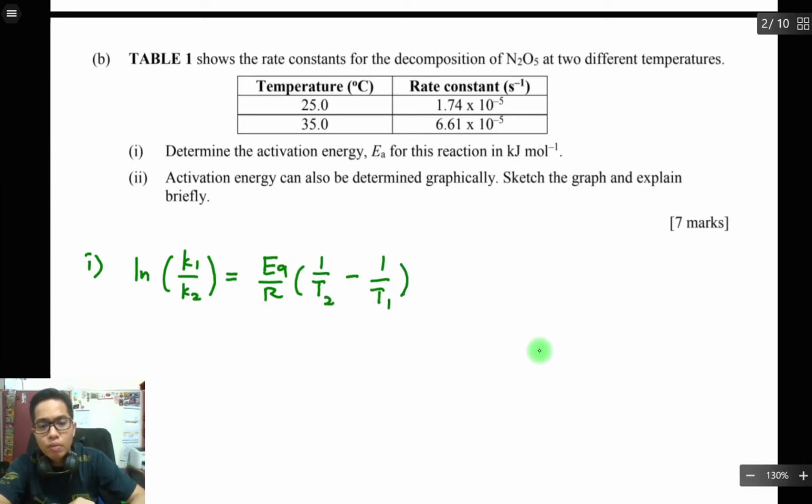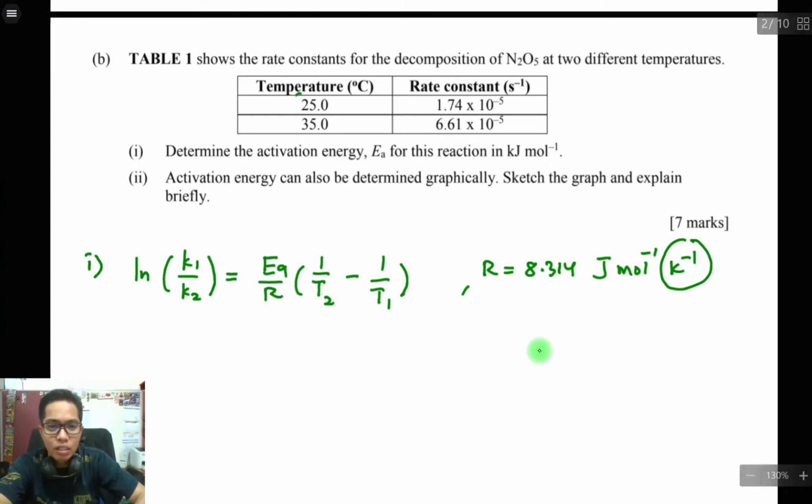So remember, for this formula, R is equal to 8.314 joule per mole per Kelvin. Because of this, all the temperatures must be converted into Kelvin, so plus 273.15 for each.